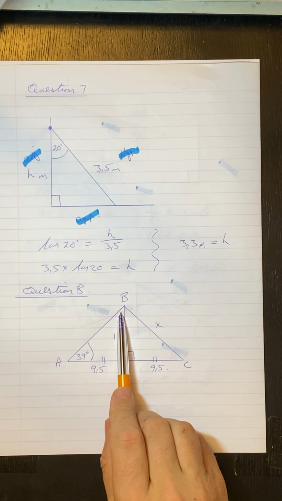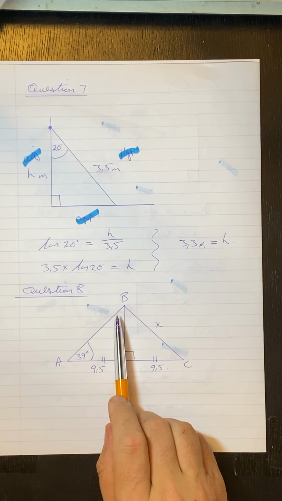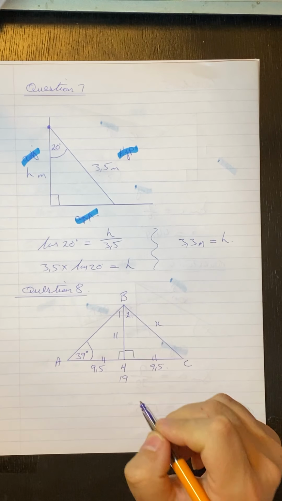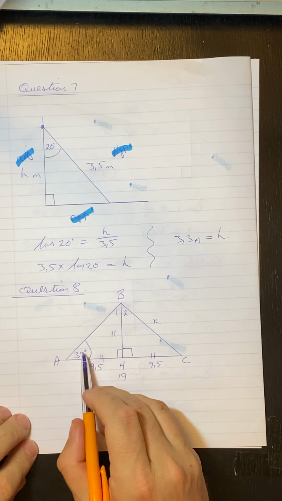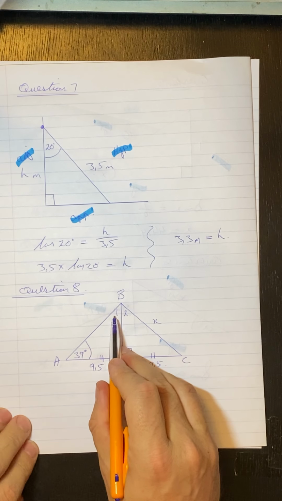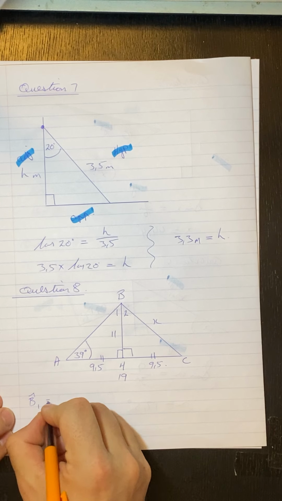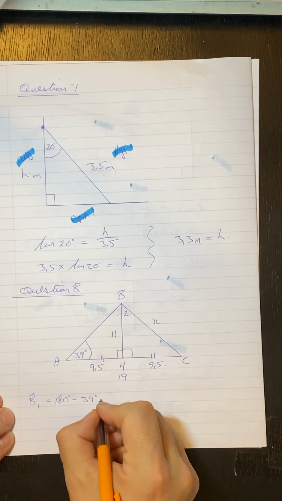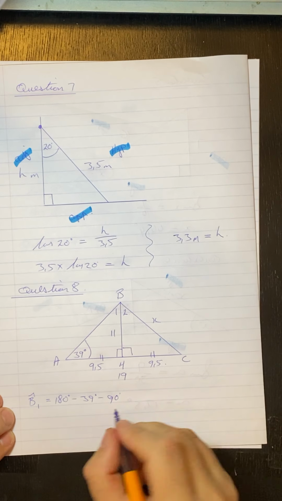That means that that angle and that angle are going to be equal. So if I call this one B1 and this one B2, I can find out what B1 is because we have angles in a triangle. So I know that B1 would be equal to 180 minus 39 minus 90, and my reason for that is angles in a triangle.